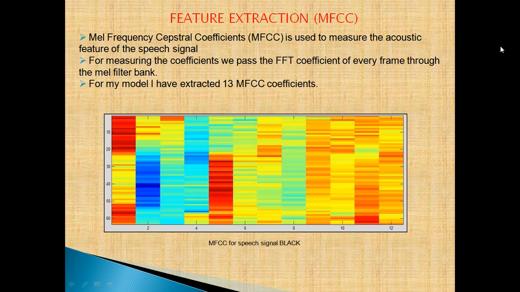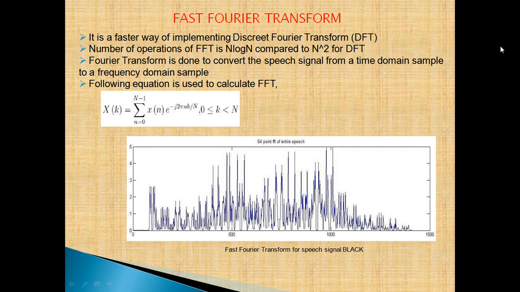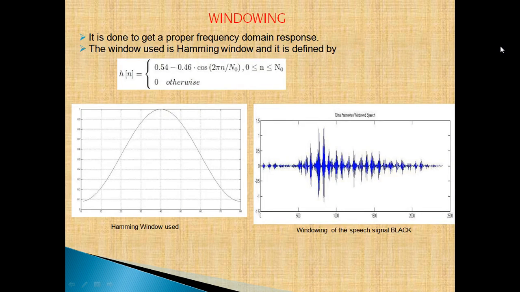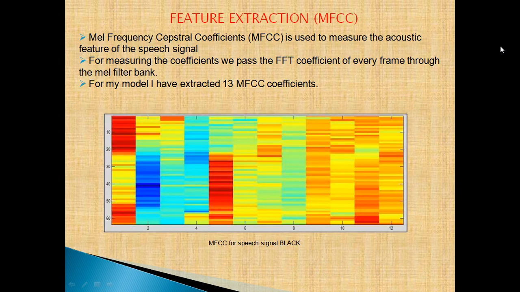The coefficients for the MFCC are taken from the color map, and here we can see the MFCC for the speech signal black. If we go back, we had done our fast Fourier transform, the windowing and the pre-emphasis, and now we're doing the MFCC on the speech signal black.